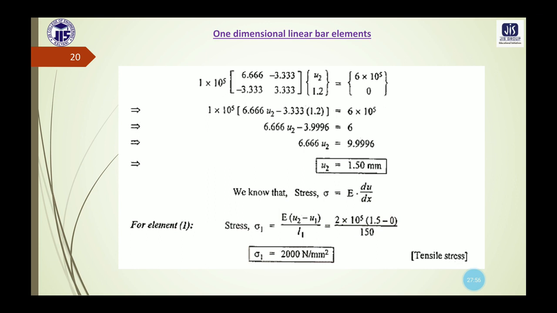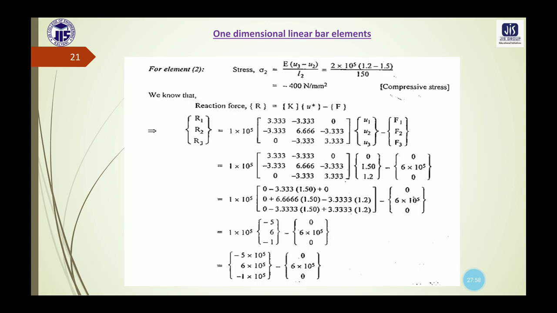It is a tensile stress. Using a similar formula, we can calculate the stress for element 2, which is E into (U3 minus U2) divided by L2. Putting in the values of the parameters, we get the stress for element 2 as minus 400 Newton per millimeter square.